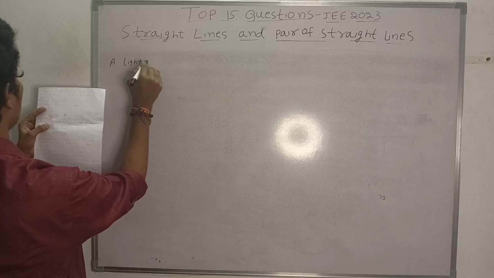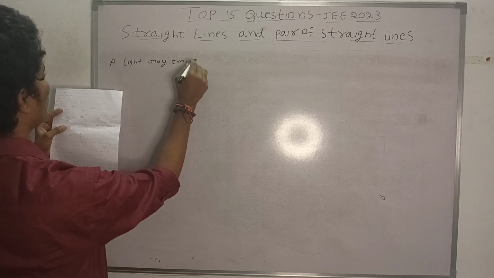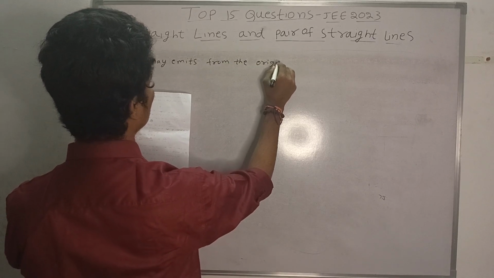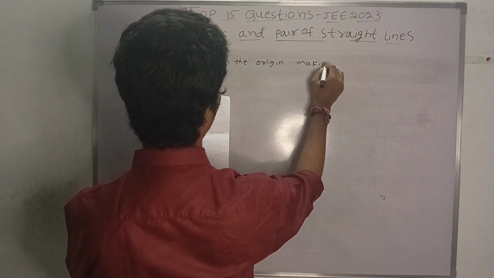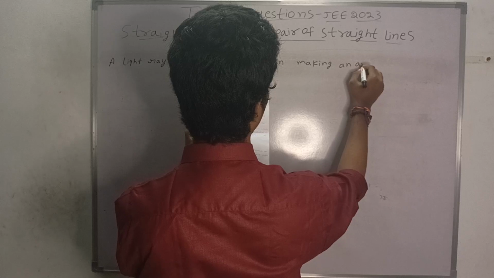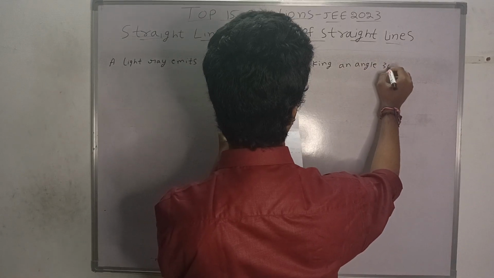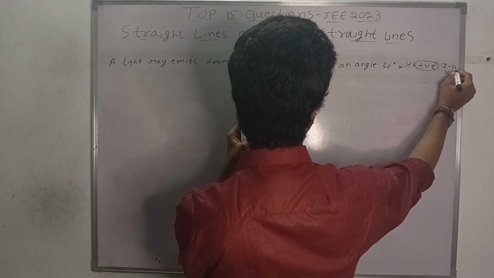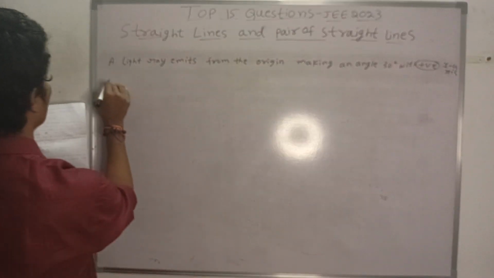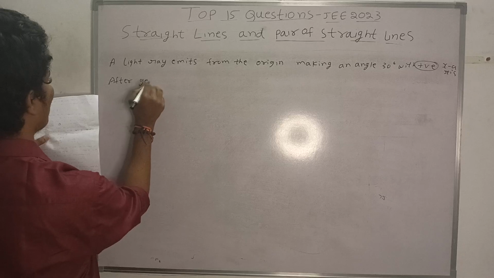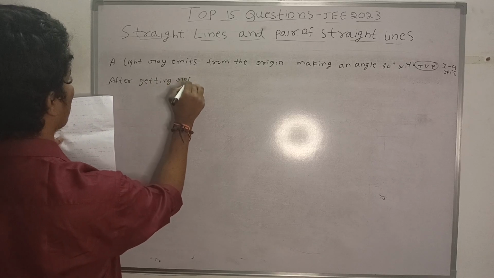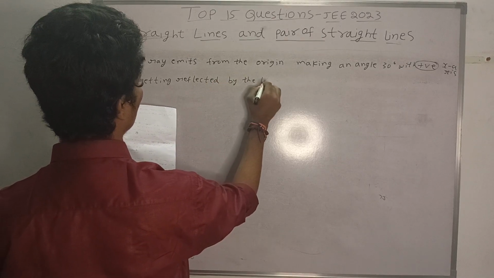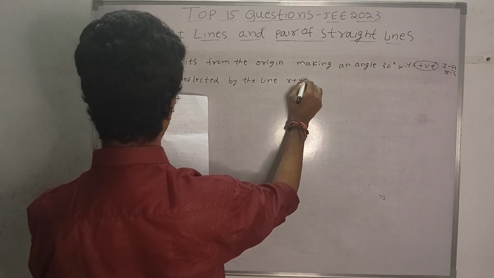And now the next question is, a light ray emits from the origin making an angle 30 degree with positive x-axis after getting reflected by the line x plus y equal to 1.